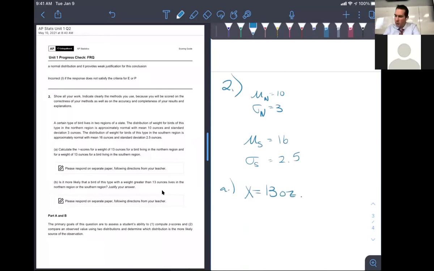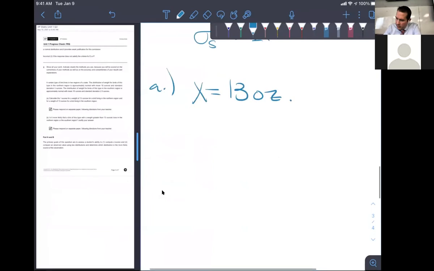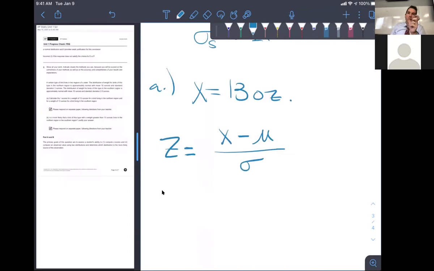So this goes to z-scores. To calculate a z-score, it is our value minus the mean over the standard deviation. Z-scores are saying how far we are away from the middle, with the standard deviation being our ruler.